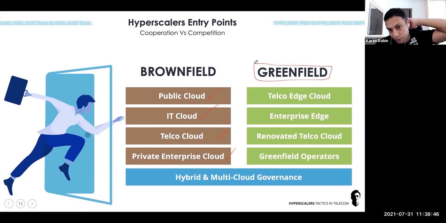In Telco Edge, I'm referring, for example, to the O-RAN and the 5G core. If you search on Google now, you find that a lot of attention is being given by hyperscalers to O-RAN in particular.